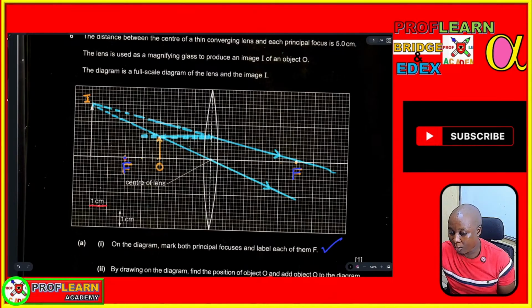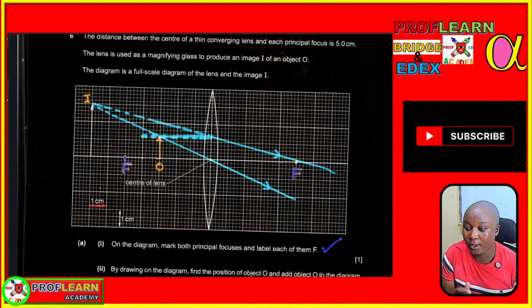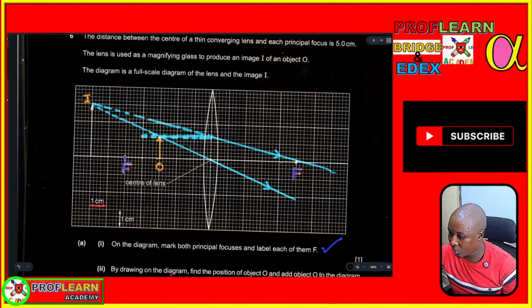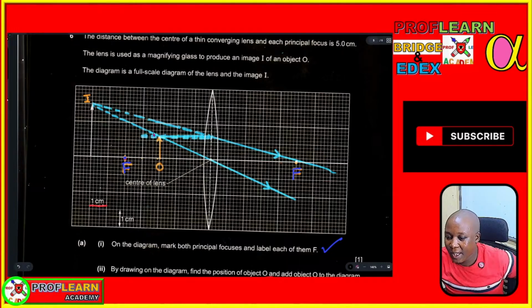So how do you approach those kinds of questions where you are given the image and you are supposed to find the object? The first thing you need to realize is that whenever you are constructing the image from the object, there is a ray running from the center of the lens to the image.